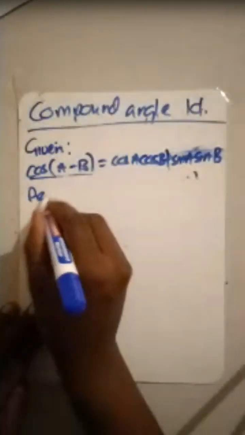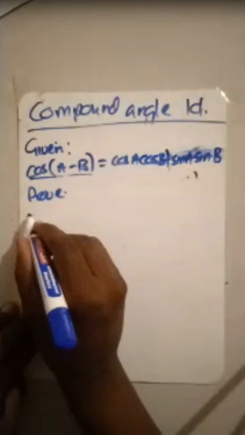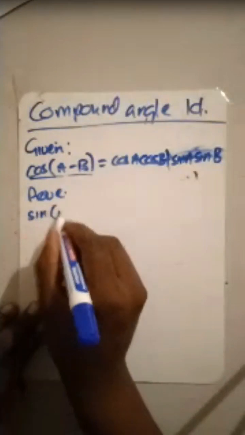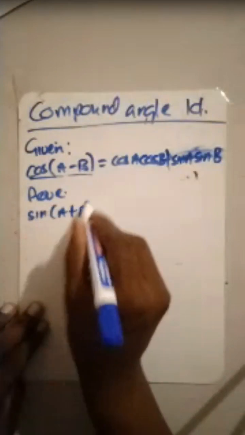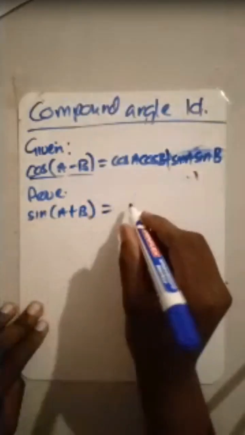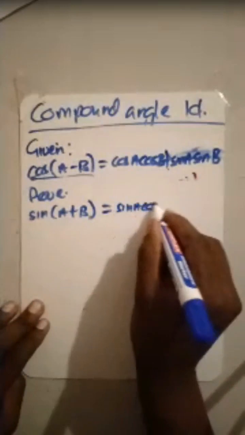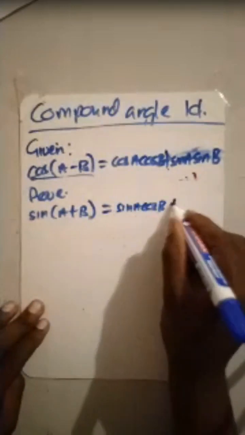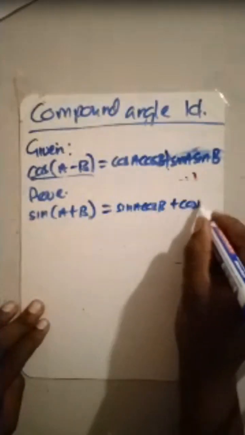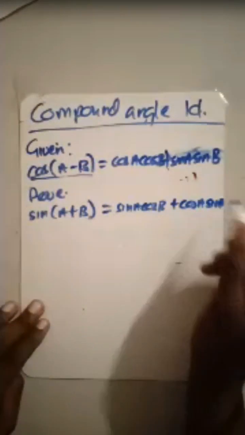Okay? Given that, prove that sine A plus B is equal to sine A cos B plus cos A sine B. Prove that.